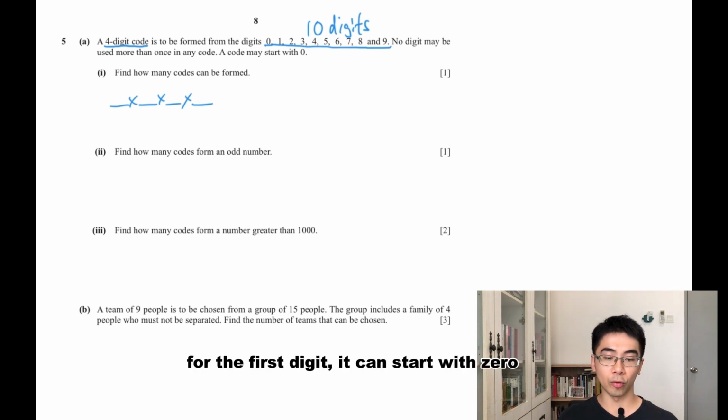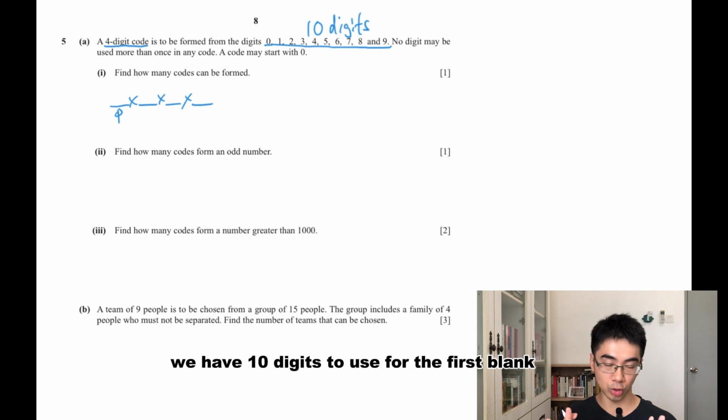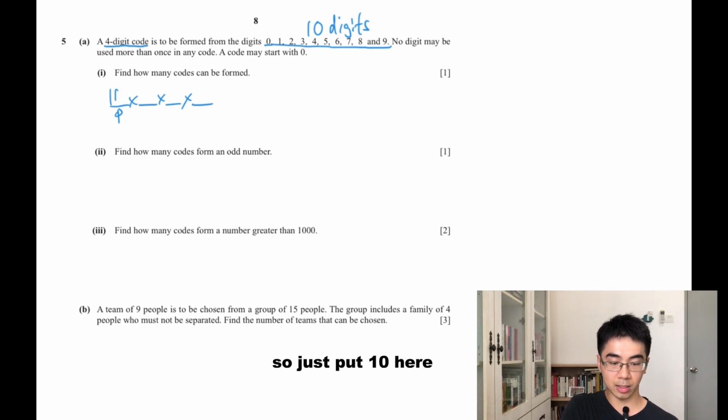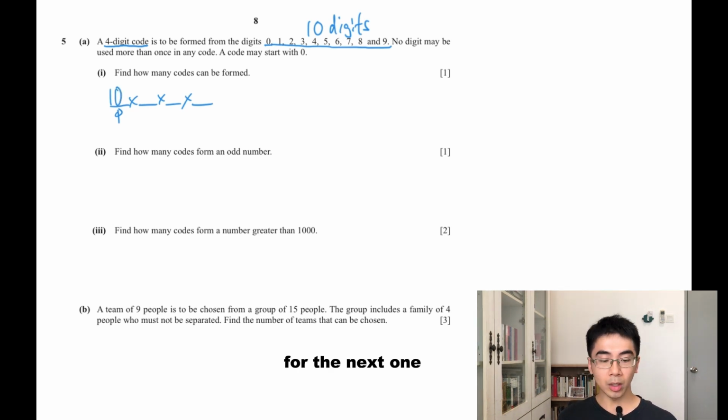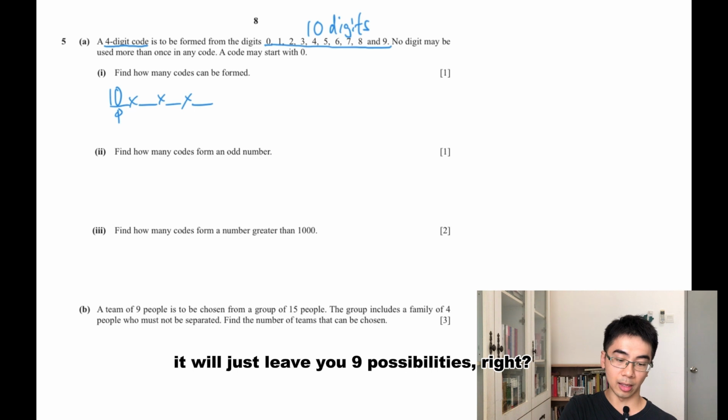And the first digit can start with 0, so we just think about the first one. For the first one, we have 10 digits we can use, so put a 10 here. For the next one, as long as we have used one number out of the 10, it leaves 9 possibilities.